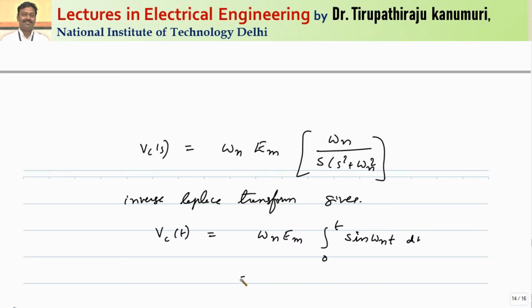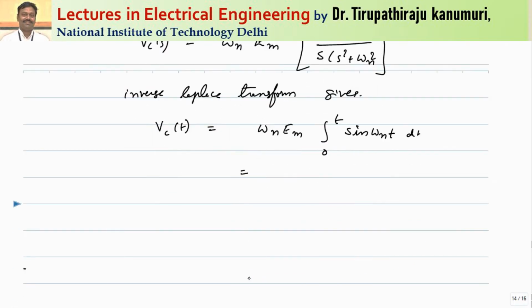Or if you are doing the integration between 0 to t for this one, this will become equal to omega n into E maximum into minus cos omega nt divided by omega n. Integration of sin omega nt will be minus cos omega nt divided by omega n, you already know the integration. So this is from 0 to t.